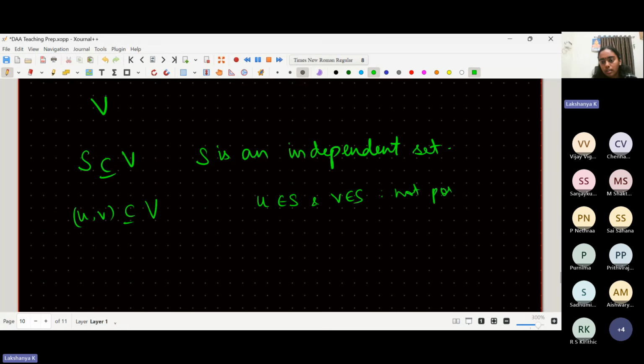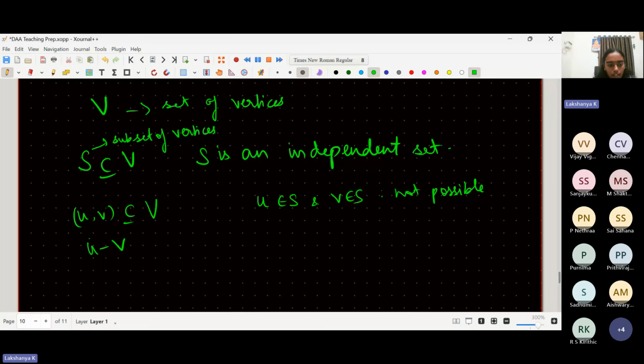I'll repeat this. You have V, which is your set of vertices in the graph. You have S, which is a subset of vertices, and we are told that S is an independent set, meaning no two vertices in S are connected by an edge. Now you take any pair of vertices in V which are connected by an edge. It is not possible that both of them are present in S, correct?